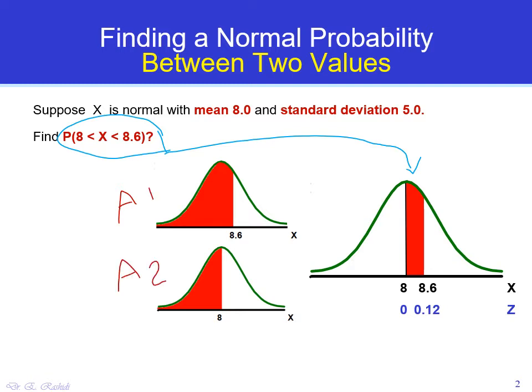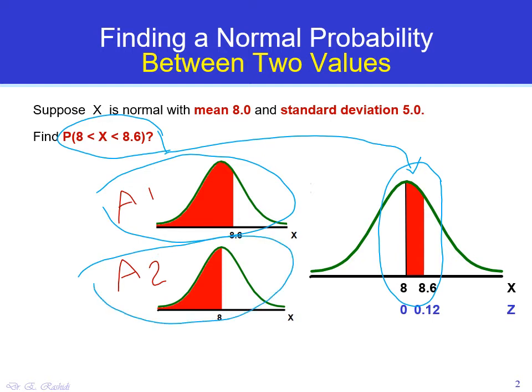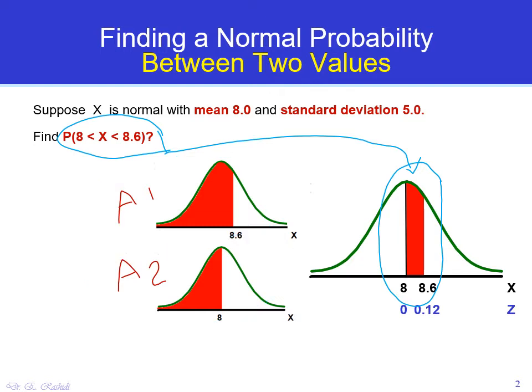A1 is the area where x is less than 8.6 and A2 is the area where x is less than 8. What we are looking for, the area between 8 and 8.6, is the subtraction A1 minus A2. So if we find A1 and A2 and subtract, we get what we are looking for.